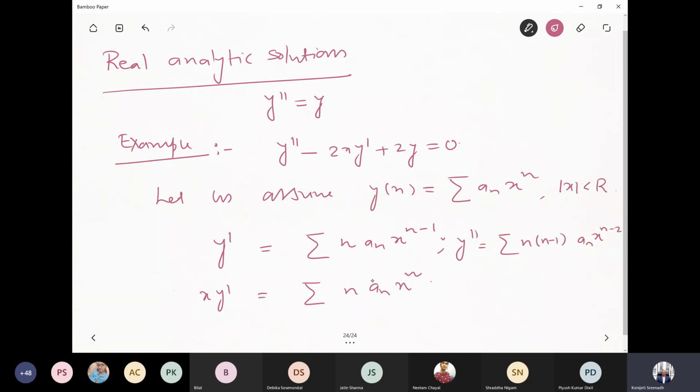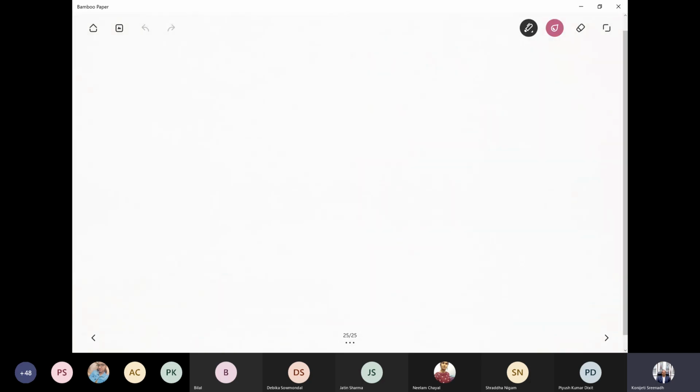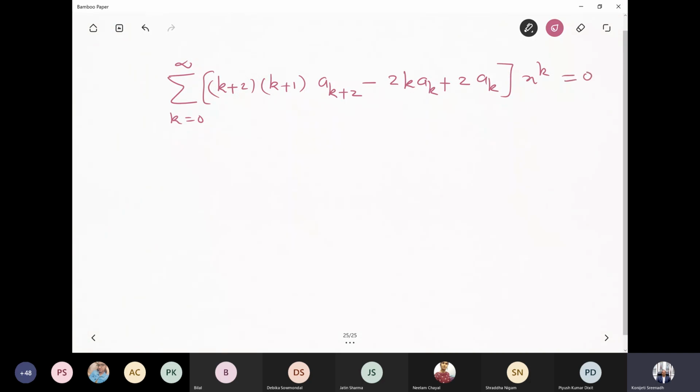Okay. So we substitute this in the given equation. So we get the sum over k equals 0 to infinity of (k+2)(k+1) a_(k+2) minus 2k a_k plus 2 a_k. You can write k or n because it's only an index, so you can write anything. So this is what we get equals 0.